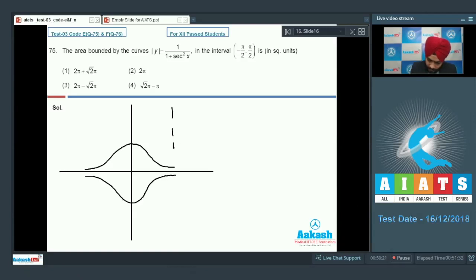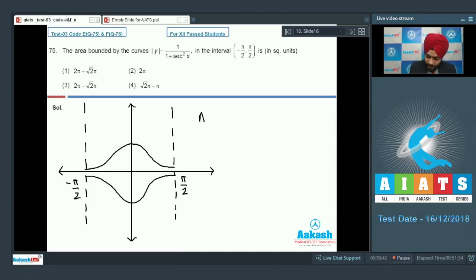So these are the lines pi by 2. The value is tending to 0 at pi by 2. This is minus pi by 2. So obviously the area is very simple now. This is mod y equal to f(x).